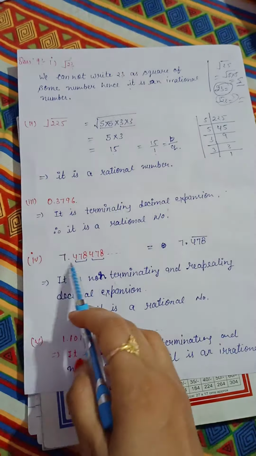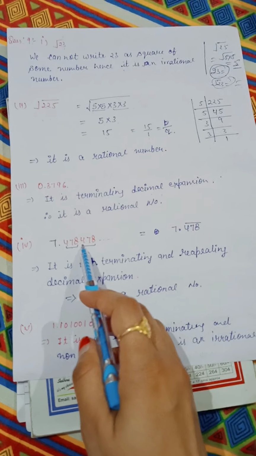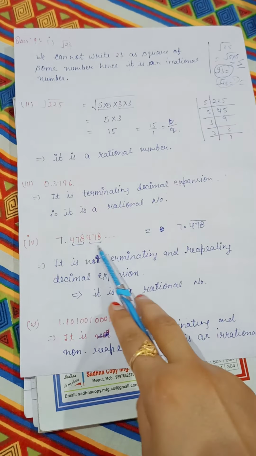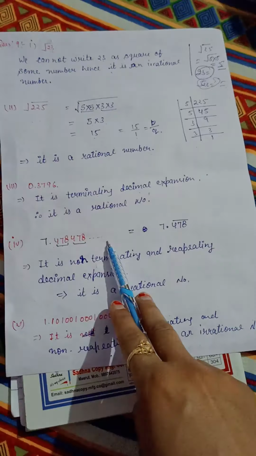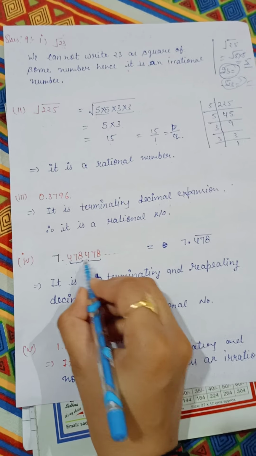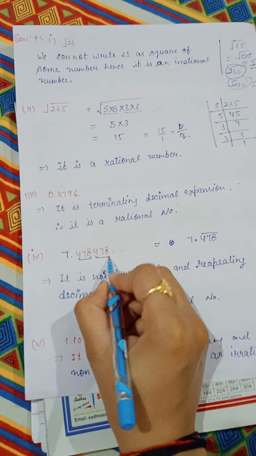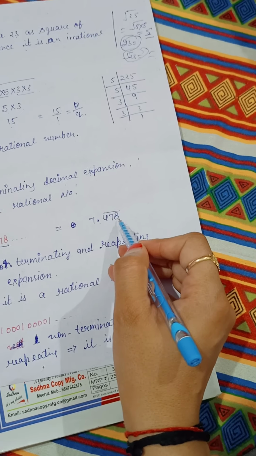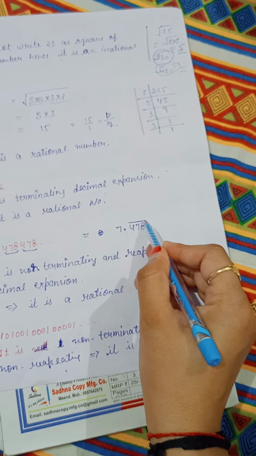The next number is 7.478478..., it is a non-terminating and repeating number. Repeating because 478 is repeating, so we can write it as 7.478 bar. Why?